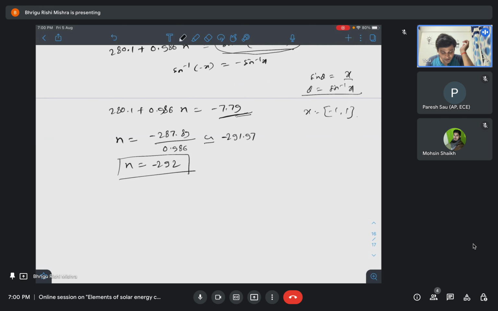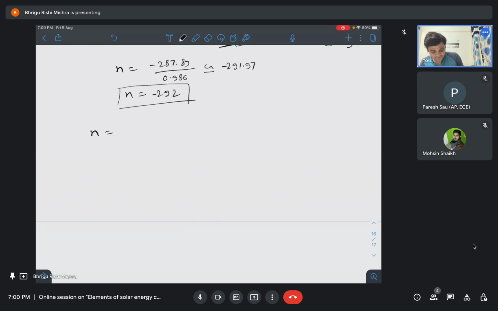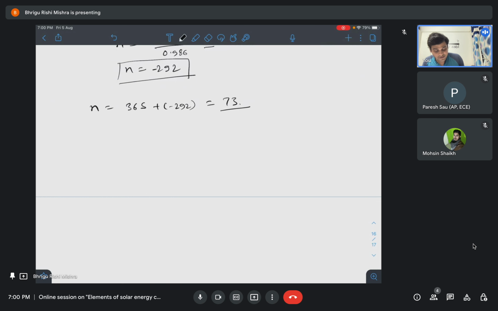But the number of days cannot be negative. So if the n value comes negative, you have to add 365 to get the actual day number. So here n will be 365 minus 292, which comes around 73.